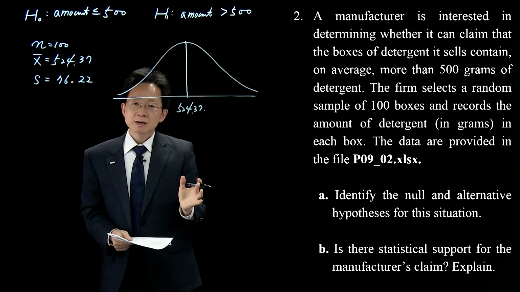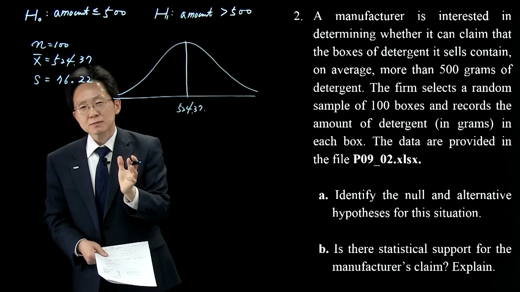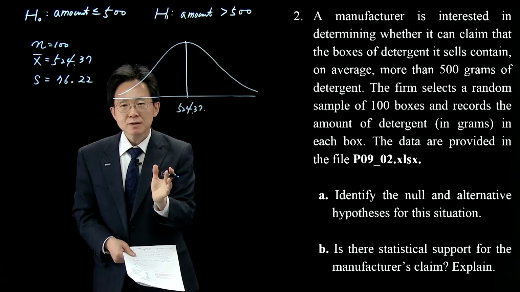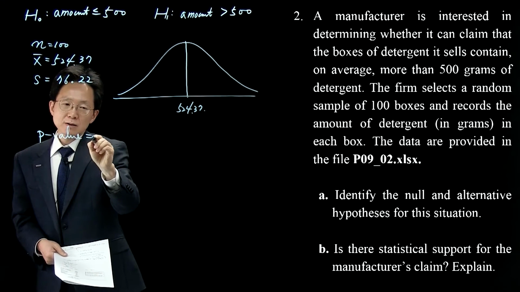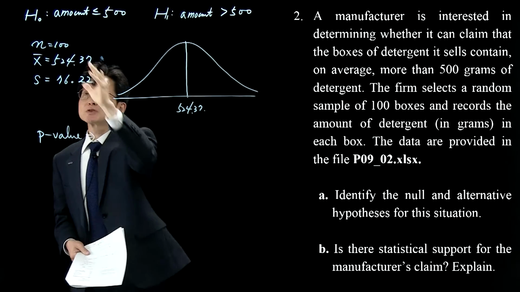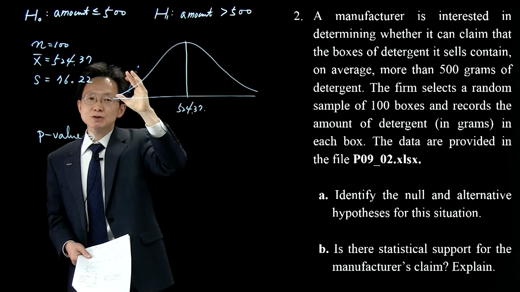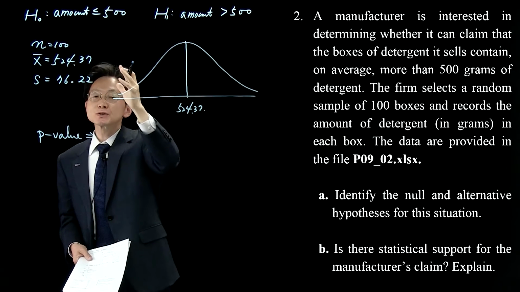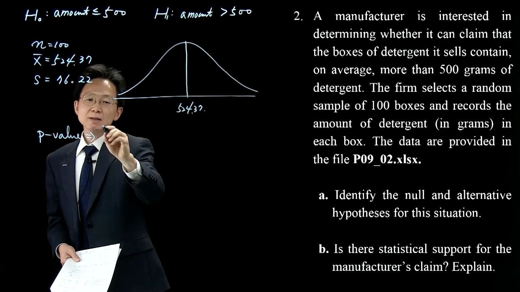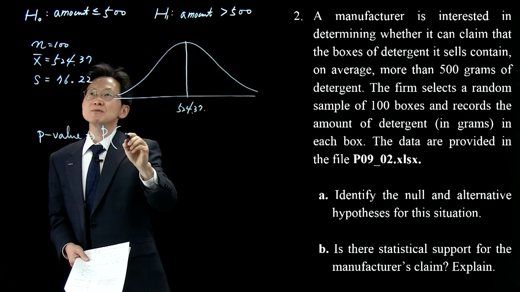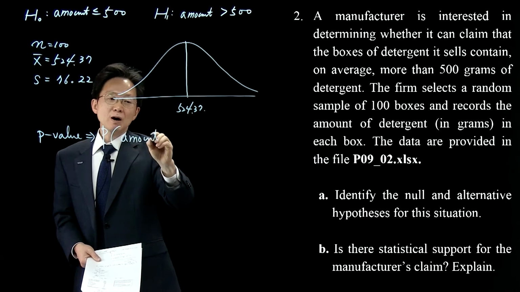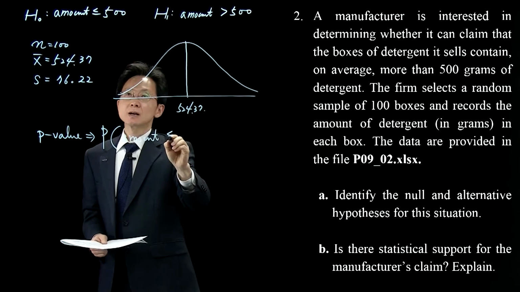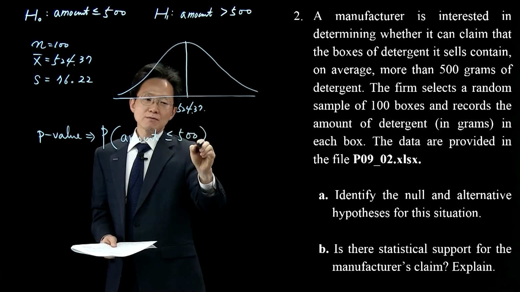First, I mentioned the p-value, right? And the p-value is actually the probability that the null hypothesis is correct, that the null hypothesis is true. That means the p-value is the probability, let's say, of less than or equal to 500.